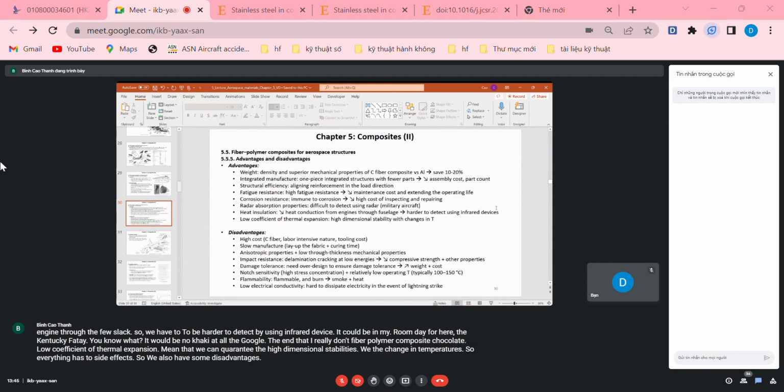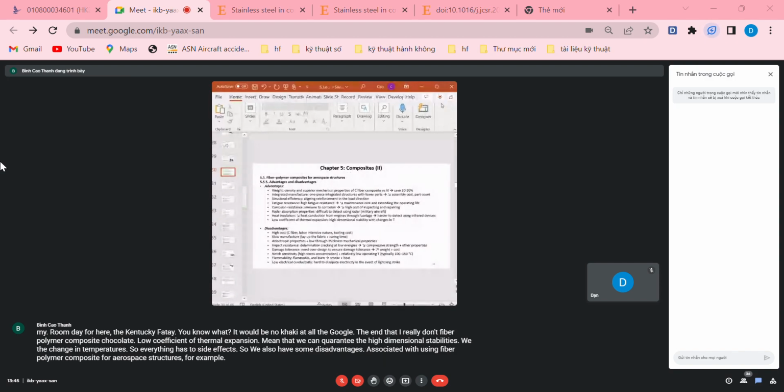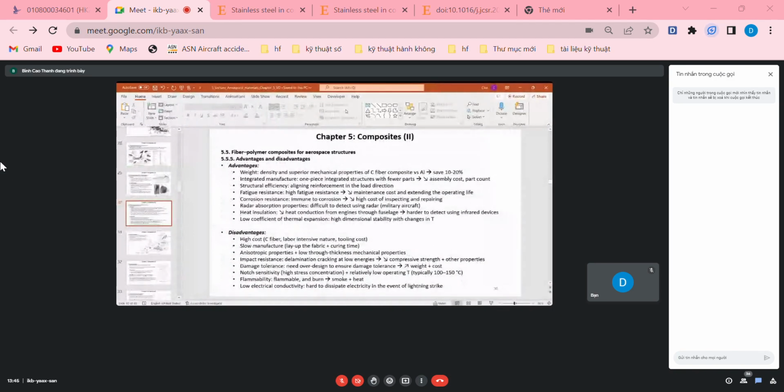So we also have some disadvantages associated with using fiber polymer composite for aerospace structures. For example, high cost.